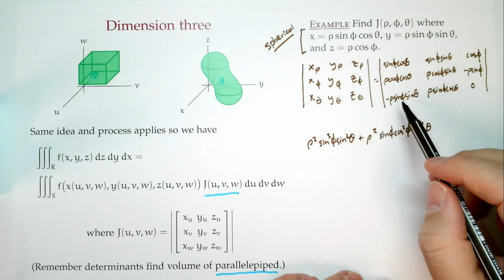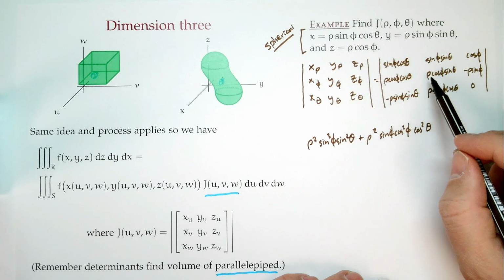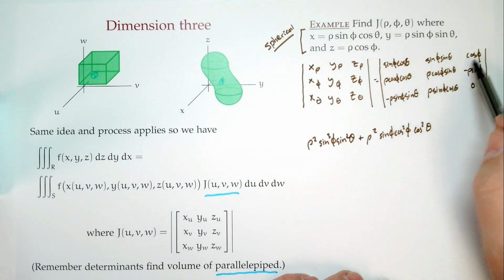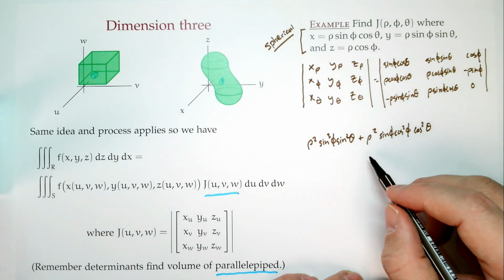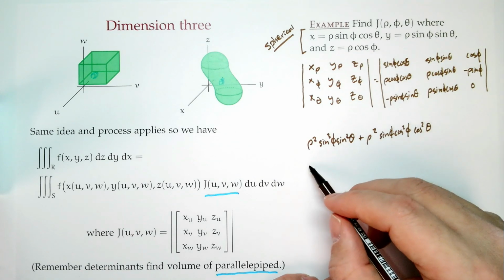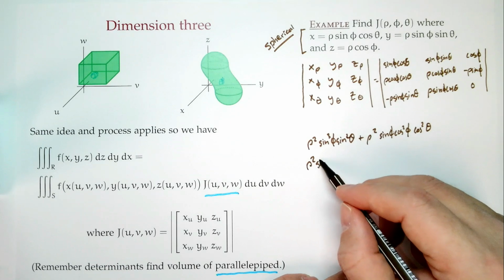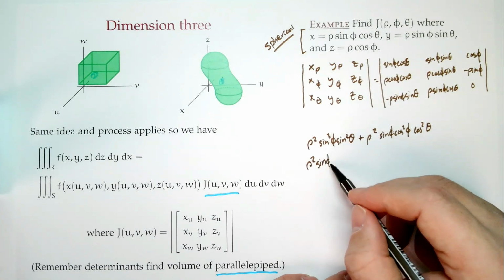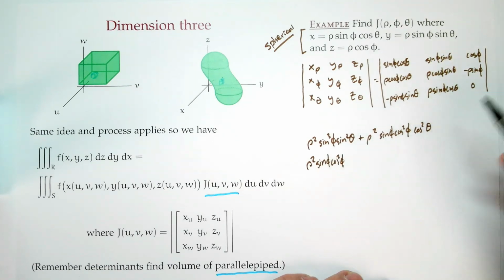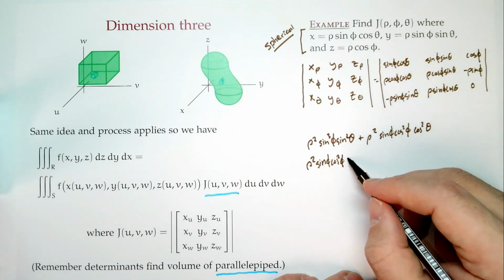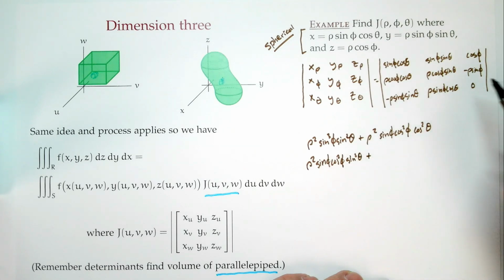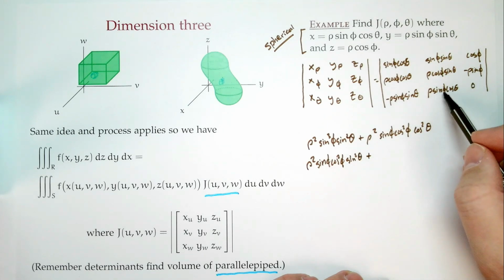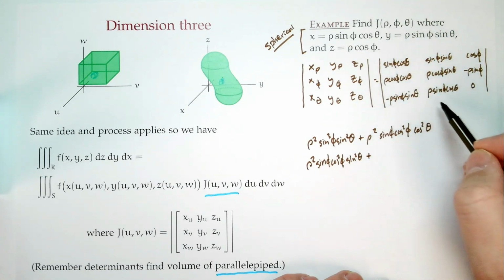Now what do we get? There's going to be two rows, so a rho squared. We're going to get two cosine phis and a single sine phi. So we get rho squared sine phi cosine squared phi. And then we have two sine thetas, so that makes it sine squared theta. Then the next term, multiply these three terms.